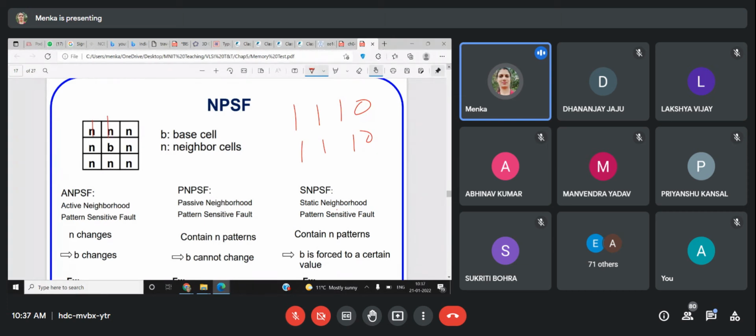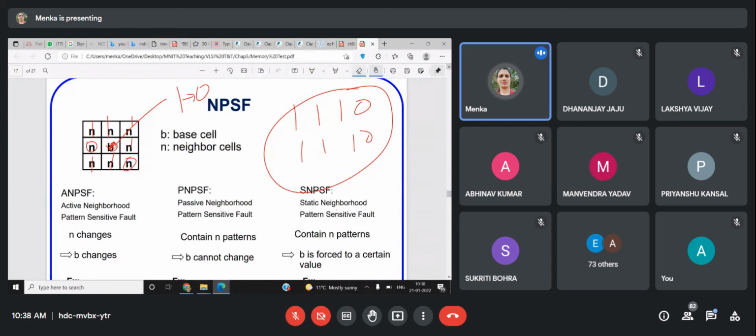This is what you want to store, and let's assume that depending on this particular pattern, this base bit b automatically goes to 1. Let's say I wanted to save 0 for this bit b, but automatically if in the surroundings it sees such a pattern, it goes to 1, but I wanted to make it 0. So it is pattern sensitive. It depends on the pattern how it is going to change.